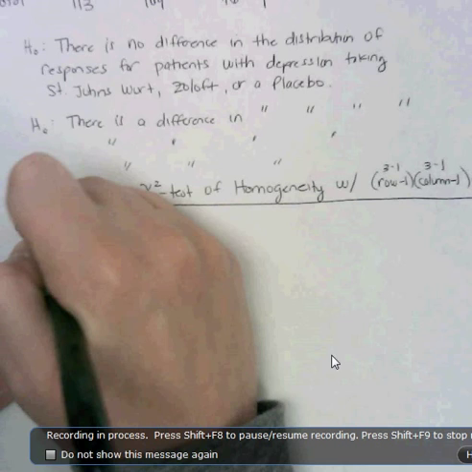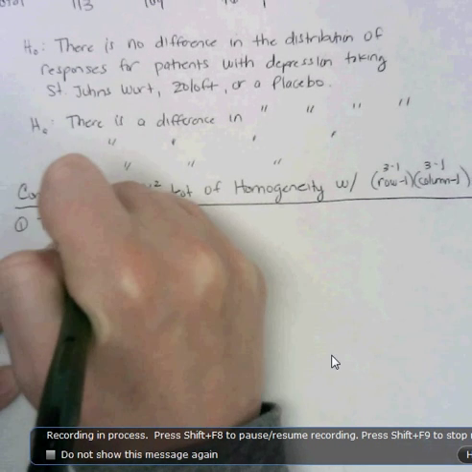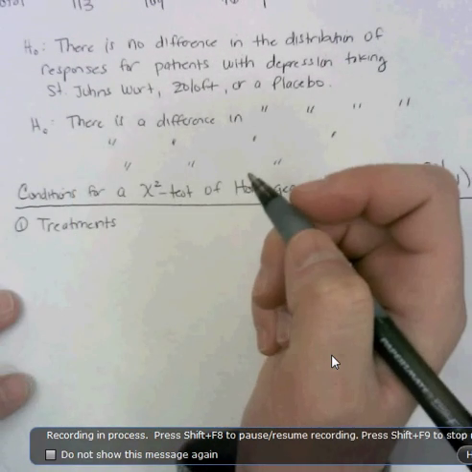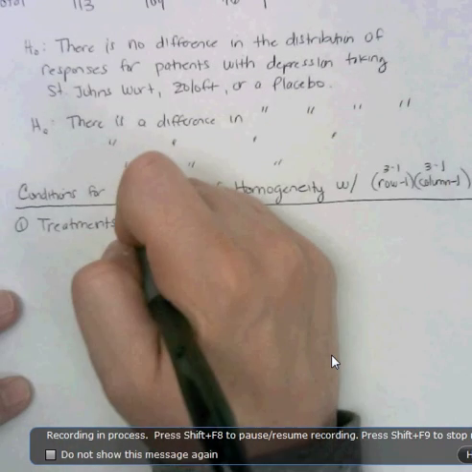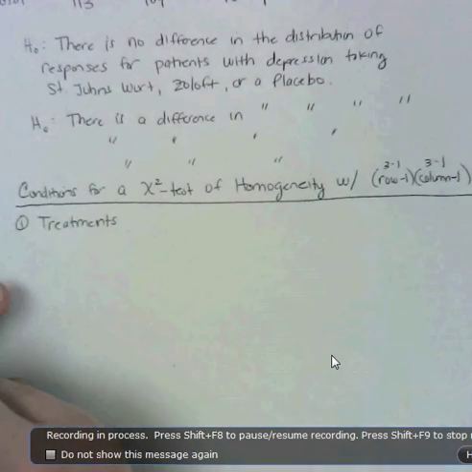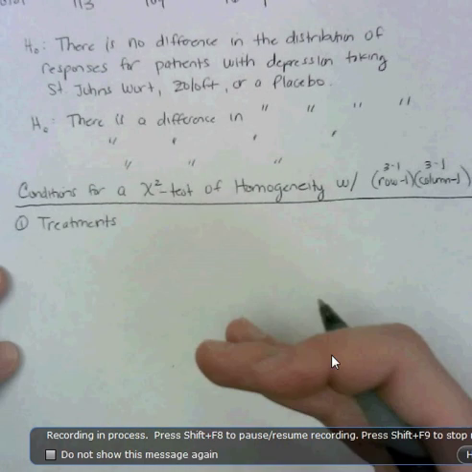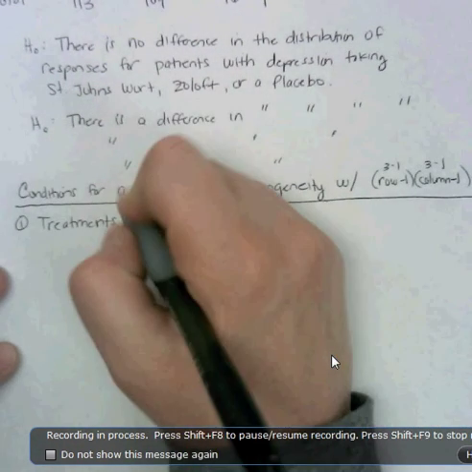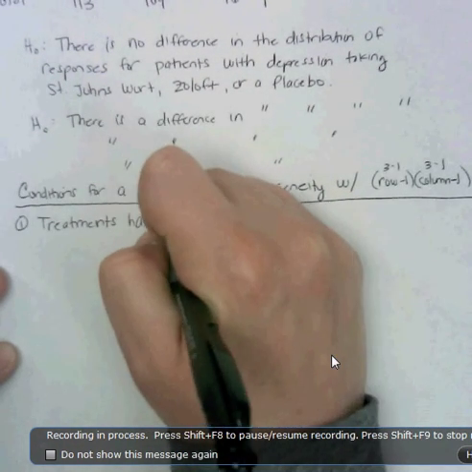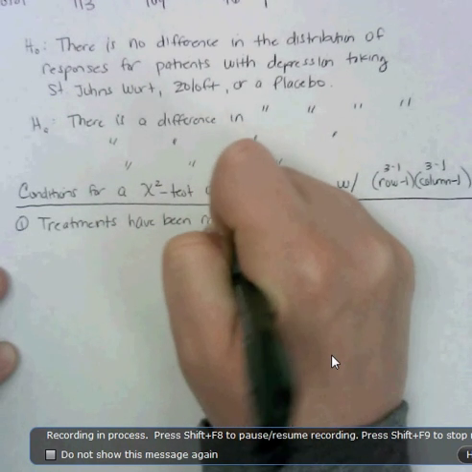So we're going to write treatments, I guess in this case, treatments are the St. John's wort, the Zoloft, and the placebo. Treatments have been randomly assigned.